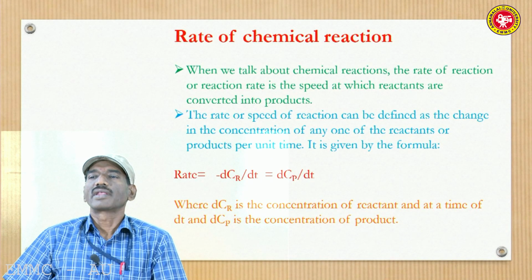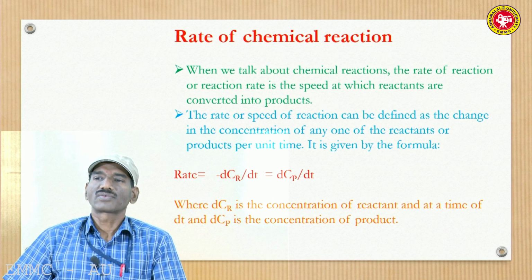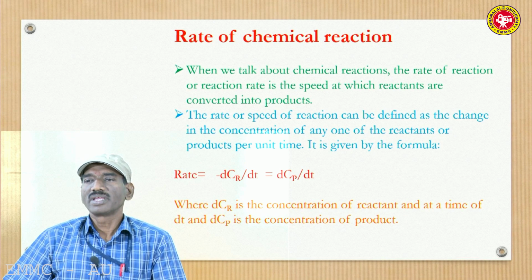First, the rate of a chemical reaction. When we talk about a chemical reaction, the rate of reaction or reaction rate is the speed at which reactants are converted into products. The rate of a reaction can be defined as the change in the concentration of any one of the reactants or products per unit time.